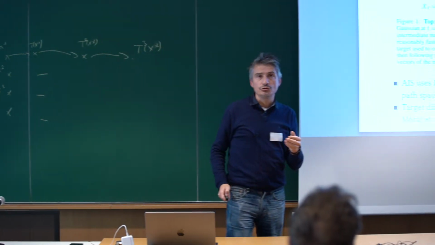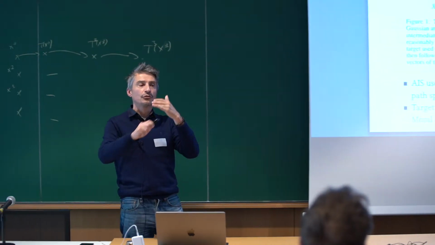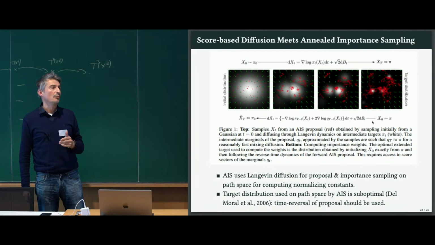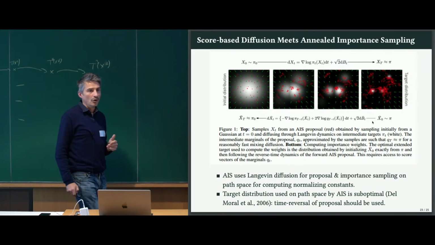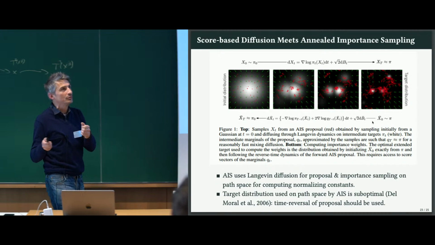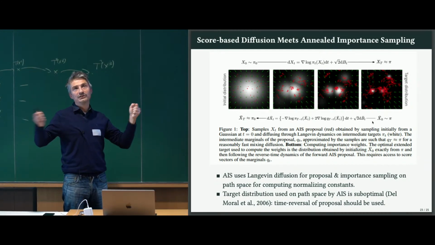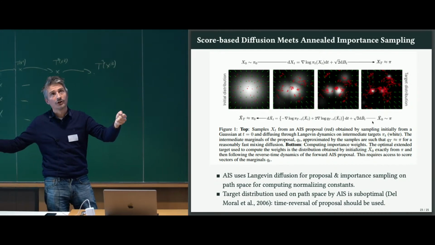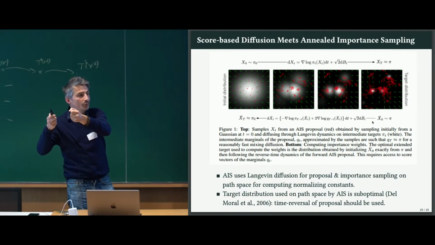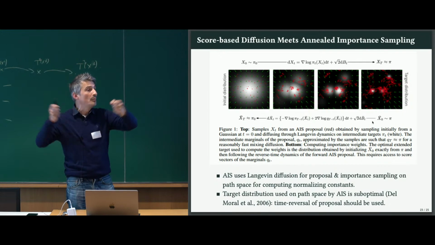Essentially, what you want to do is use some kind of importance sampling correction so as to compute an estimate of the normalizing constant. So what people do, well, they cannot compute in closed form the marginal distribution of x_t under this non-homogeneous forward Langevin diffusion. So they cannot really do importance sampling on the marginal space, so they do importance sampling on path space.